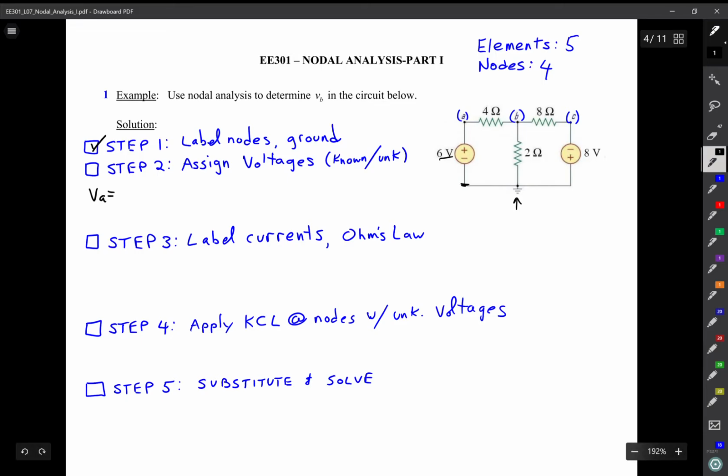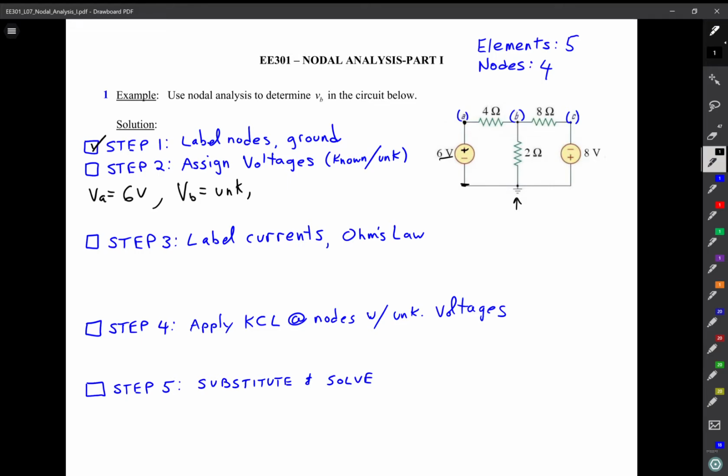The minus is on the ground node, and the plus is on the side of node A. So the voltage between the ground and node A is equal to 6 volts. VB is equal to, and again, this is an example where I have 3 resistors connected in one spot. That's a node at node B. And at the start of the problem, I don't know what VB is yet.